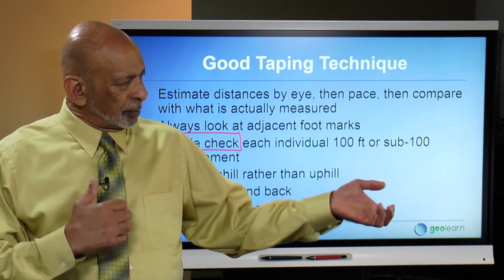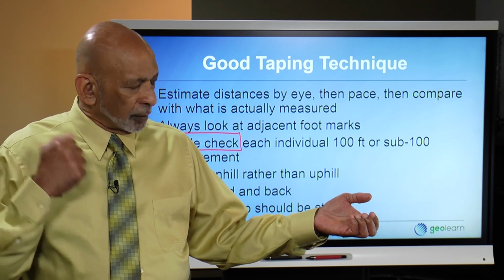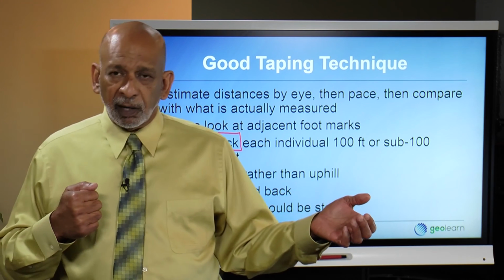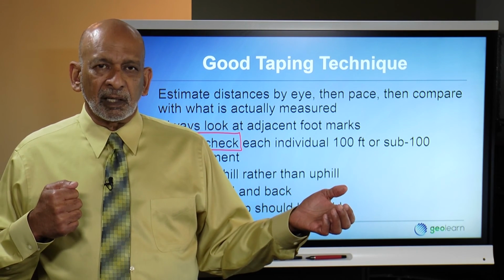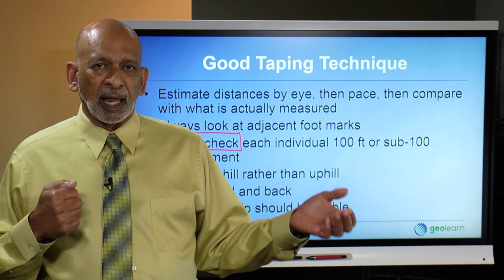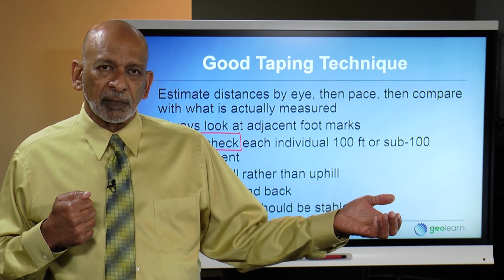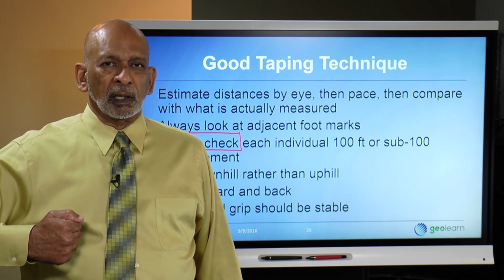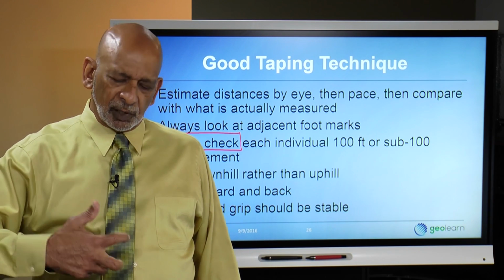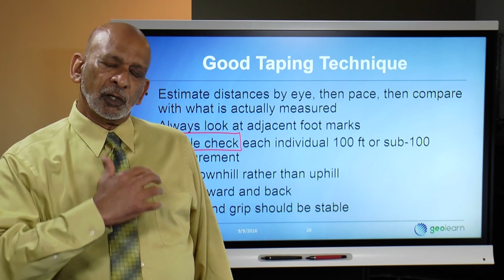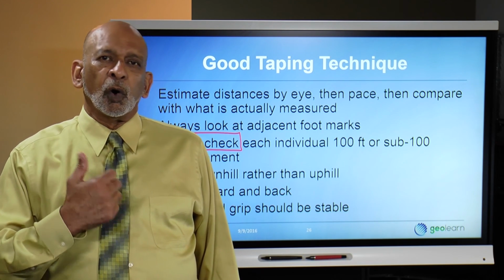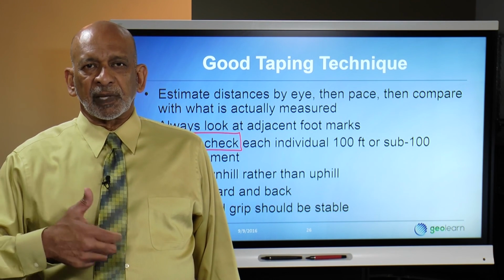If I'm taping this way, and I'm a right-hander, then this is the way I should be standing, with my feet apart, essentially in a line that's parallel to the direction I'm taping. This way you are able to use your arm and have a good grip on the tape, whether you're using a tension handle, using your fingers, as I demonstrated in one of my lectures, or using a clamp.